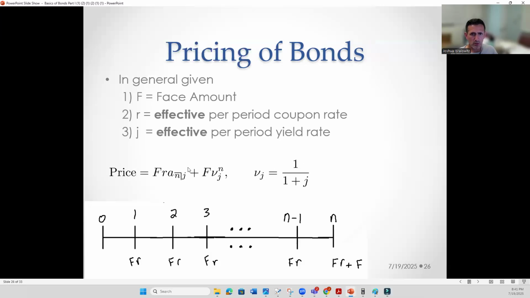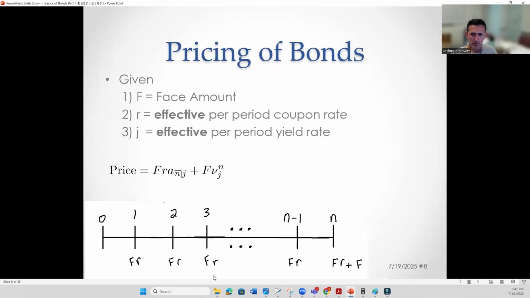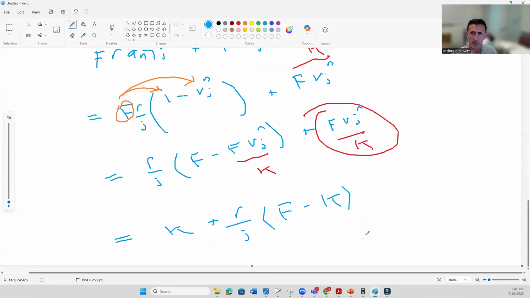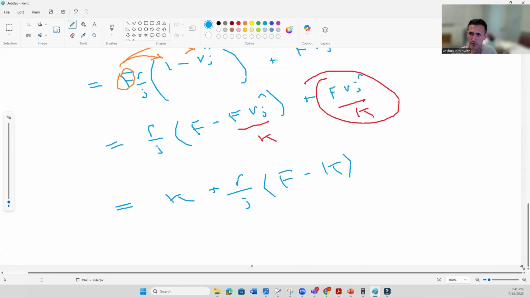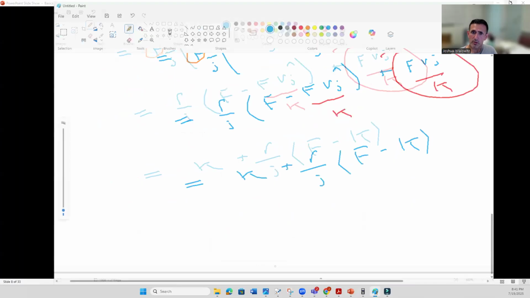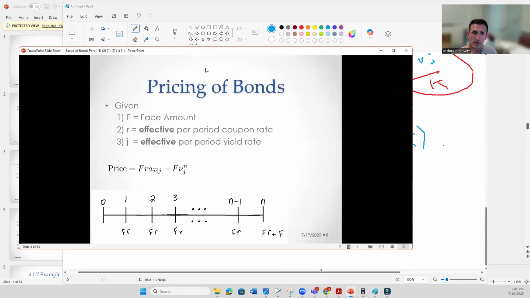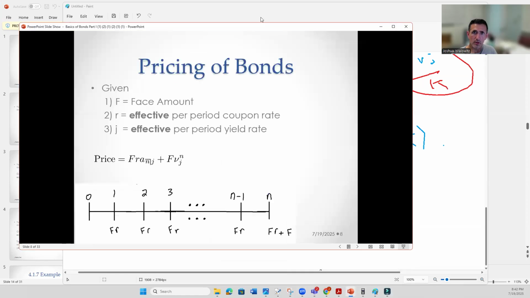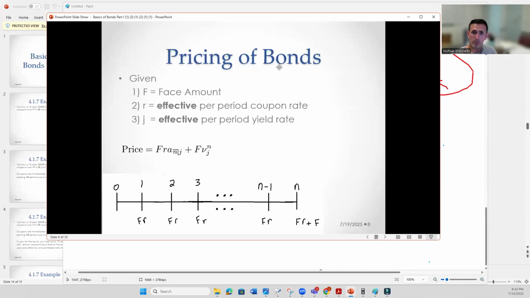So just to be clear, when R equals 0, basically what's going on here?